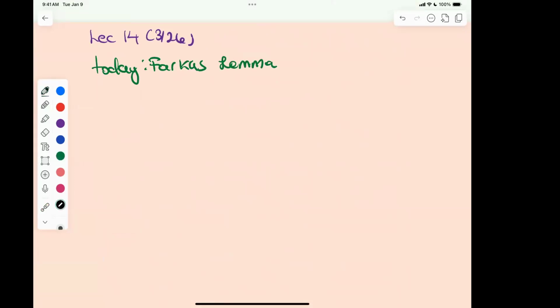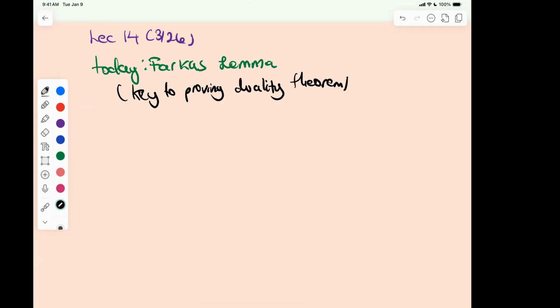This is going to be the key to proving the duality theorem. And this lemma already has some interesting applications. I'll give you an example from probability theory, with Markov chains.